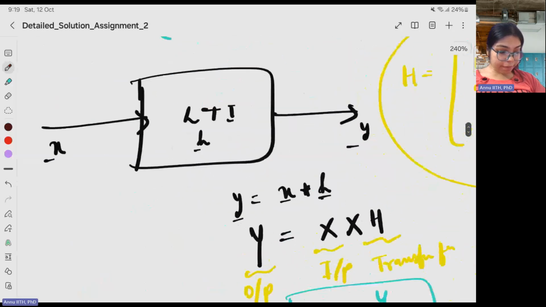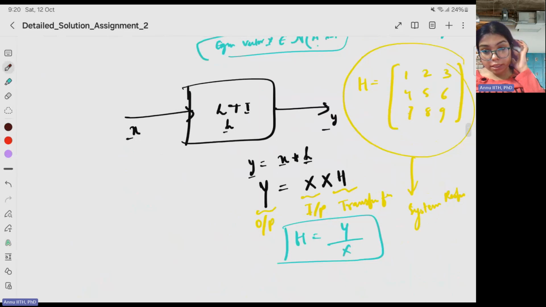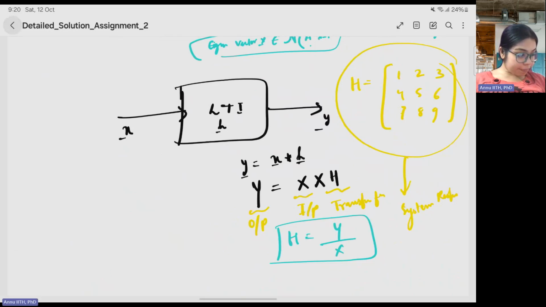And there was a question on LTI. In time domain, it is a convolution, but in frequency domain, it is a multiplication. Moving to the next part.